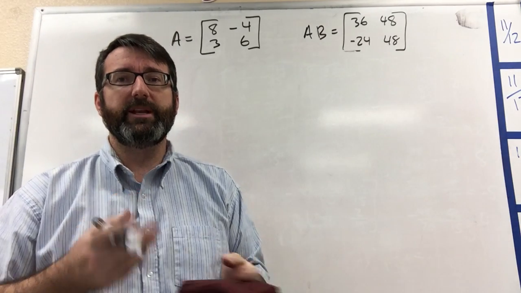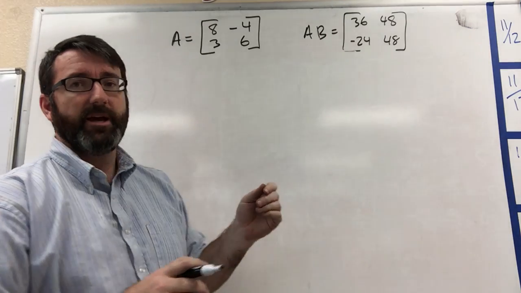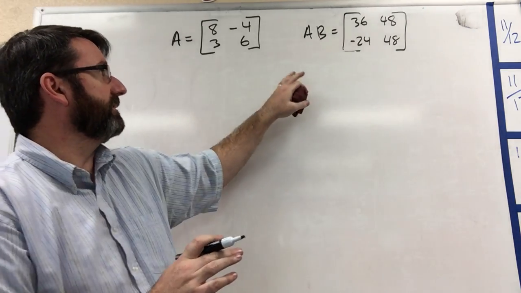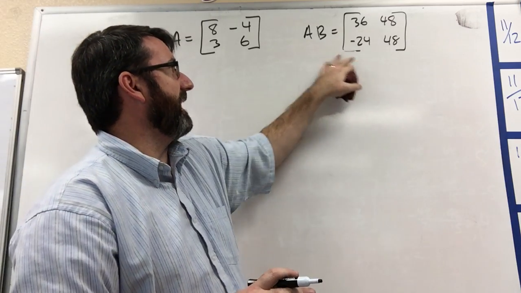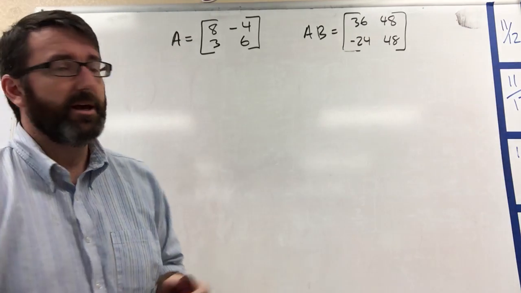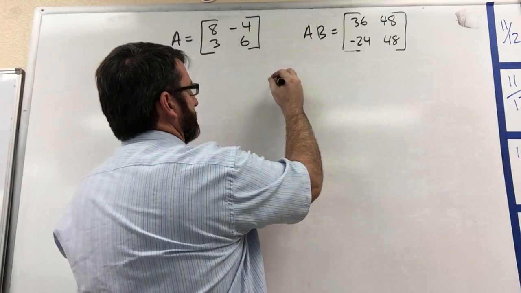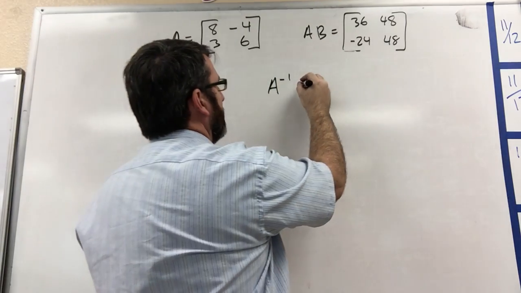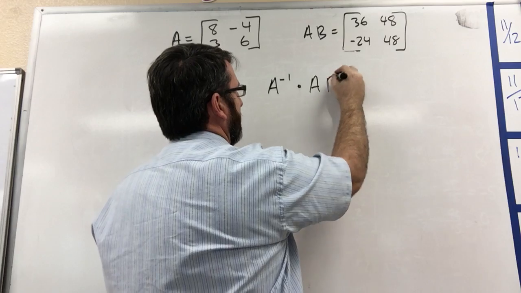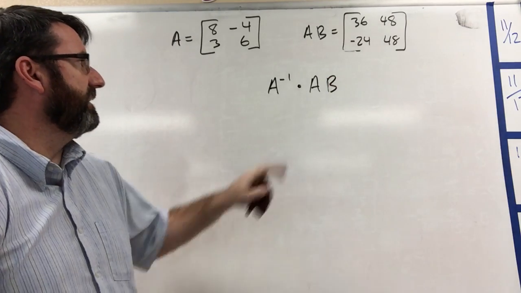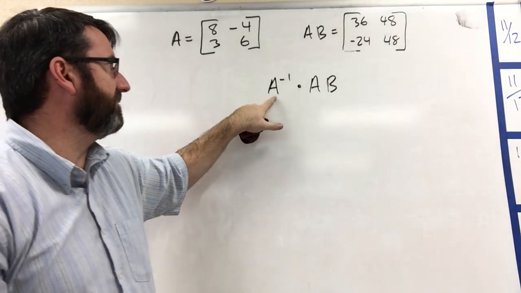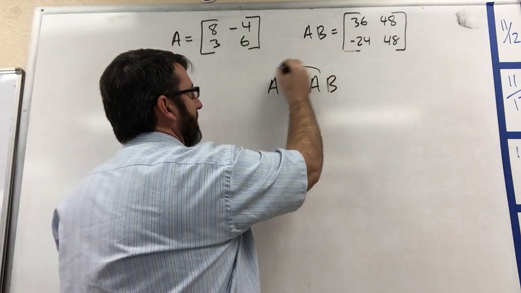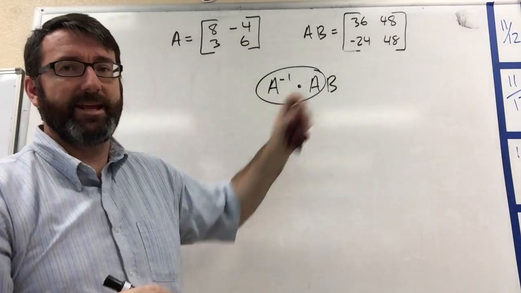And so what we need to do here is use the inverse and the properties of inverses to remove the A out of this and just be left with B. So if we took the inverse of A and we multiplied that by our AB, then notice what happens here. We have the inverse of A times A, and remember what that is.